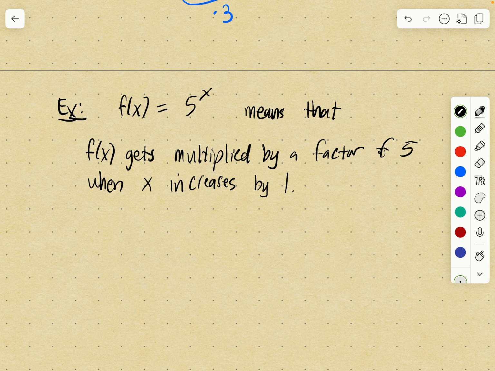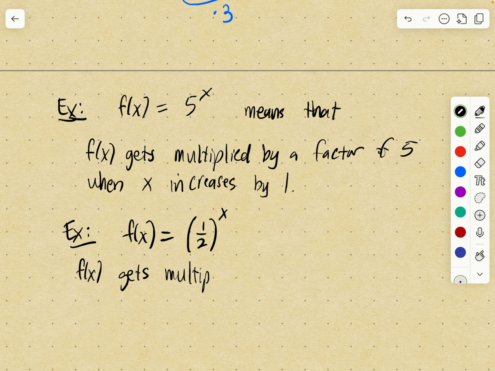You could also have your b be less than 1 as long as it's positive. So let's say that you have 1/2 to the x. Well, then f of x gets multiplied by a factor of 1/2 whenever x increases by 1.